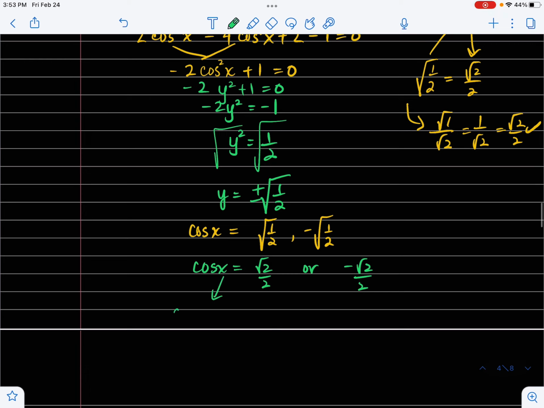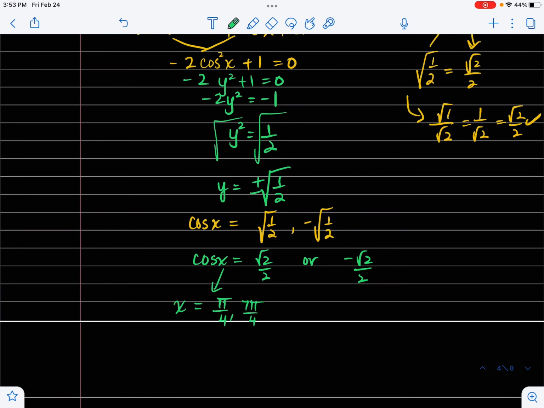So from here, what angles support root 2 over 2 values for cosine? That would be pi over 4 and 7 pi over 4. And then from the other one, negative would be 3 pi over 4 and 5 pi over 4. Because root 2 over 2 are the 45s, so I knew that.